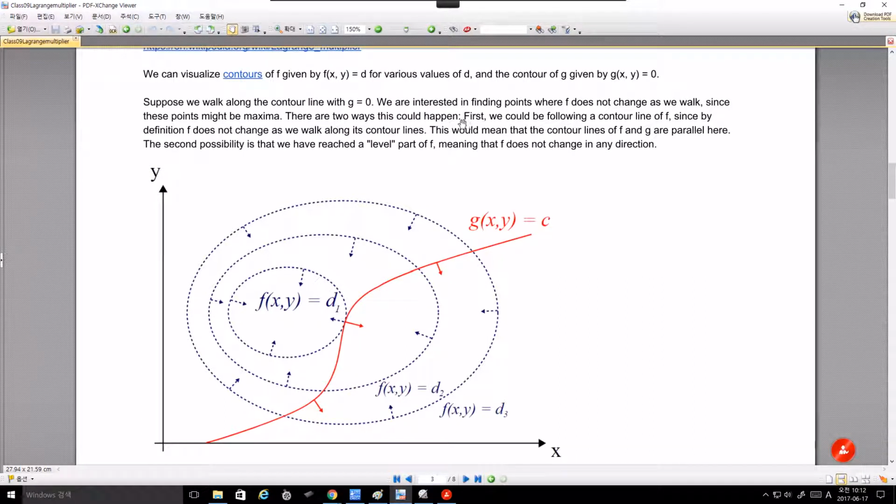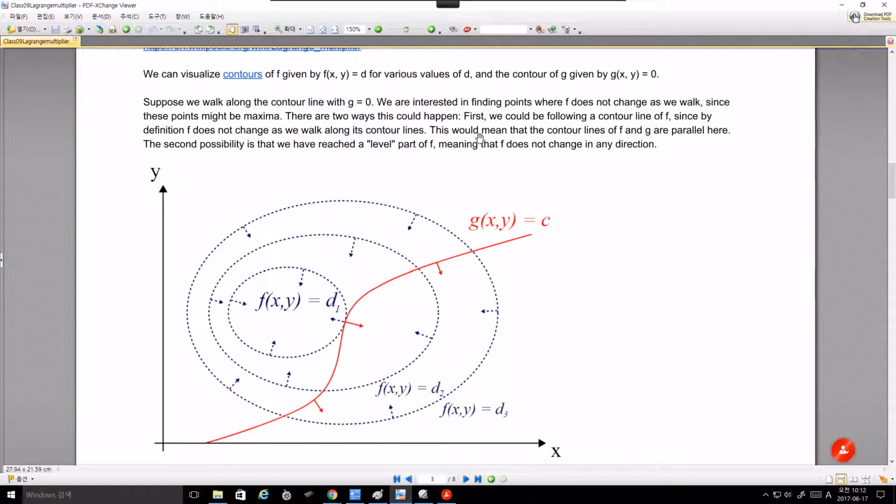By definition, f does not change as we walk along its contour line. So our strategy is, when we walk along the contour line here, at some point we meet this trail, and that's the highest point.